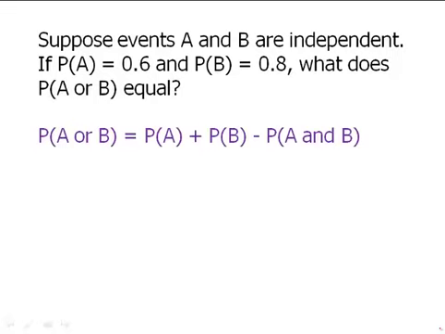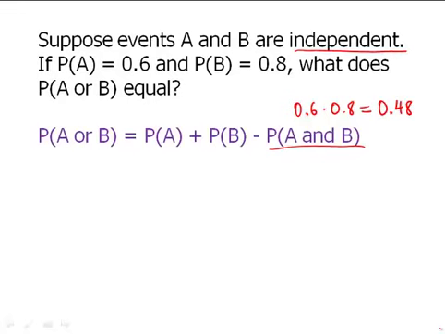So let's think about this. We know the probability of A, we know the probability of B. Probability of A and B, well, we can get that because the events are independent. We can get this by multiplying. That would be 0.6 times 0.8. The probability of A and B would be the probability of A times the probability of B. 0.6 times 0.8 is 0.48.